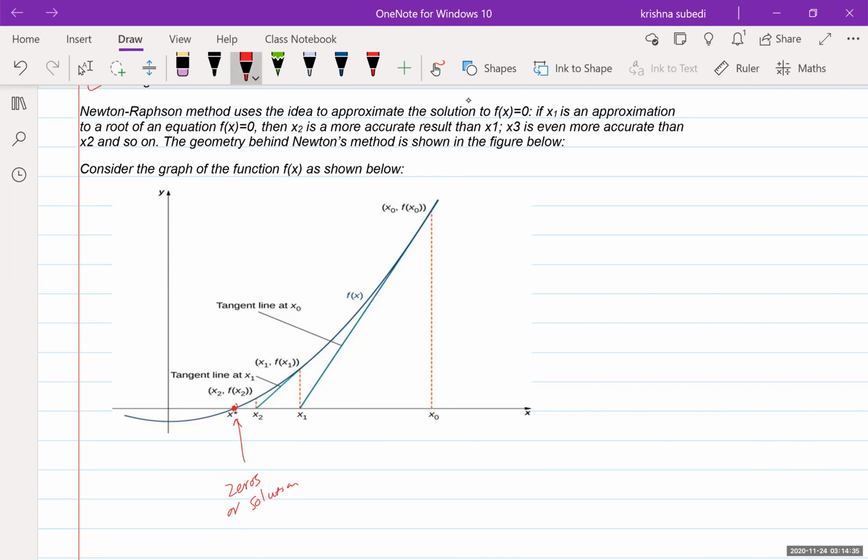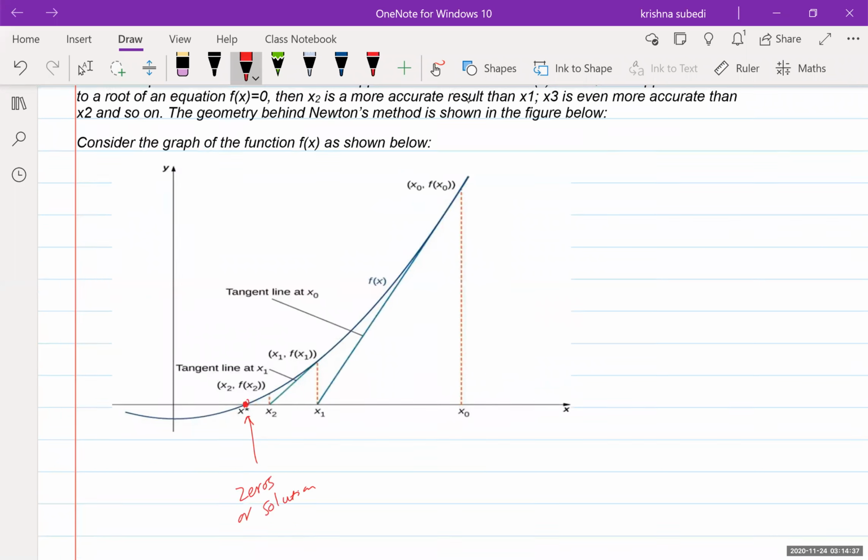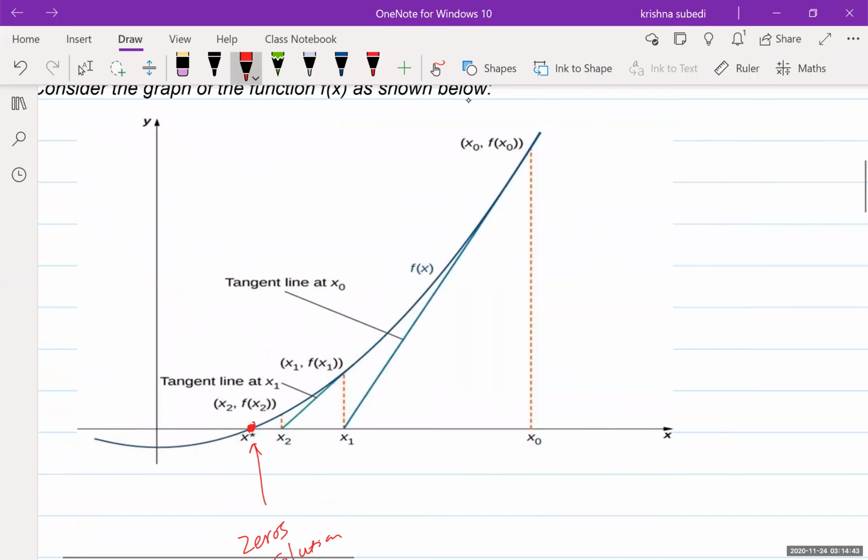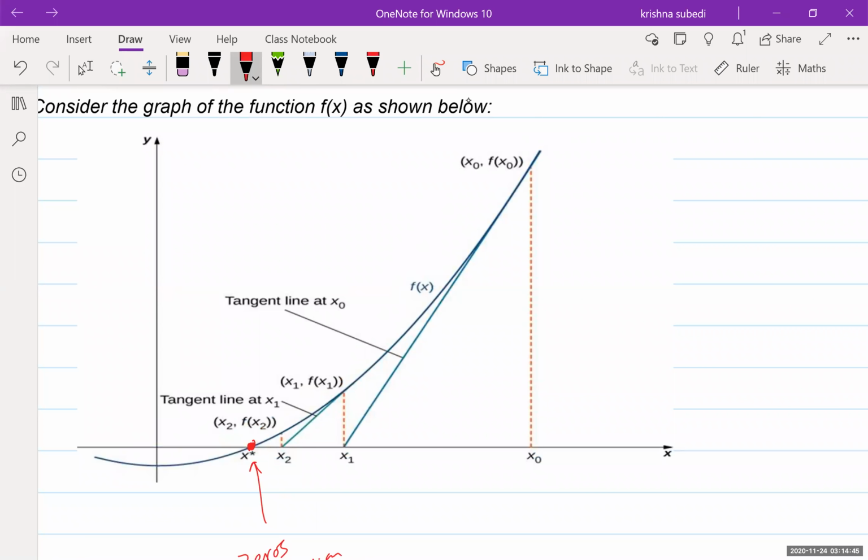So we are interested in finding this x value right here. And let us suppose that this is my function f of x. This curve is the graph of the function f of x.